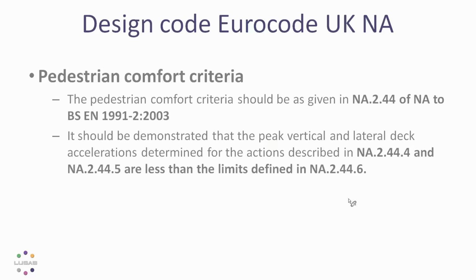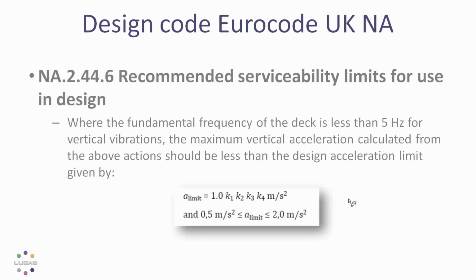The check under 2.4.4.5 is a crowded state, and that's fairly easy to set up using just the traditional transient dynamic case. Now the comfort criteria are set out in 2.4.4.6, and these will give me an acceleration limit that I need to check against the analysis model to see whether the bridge is okay.